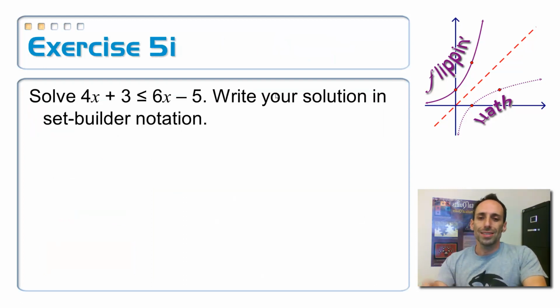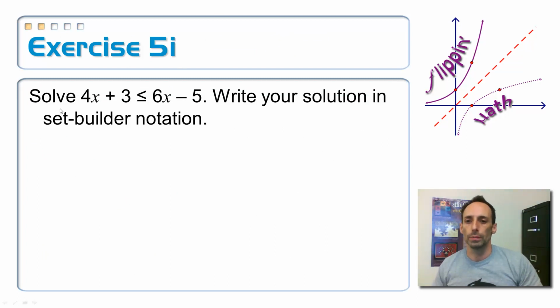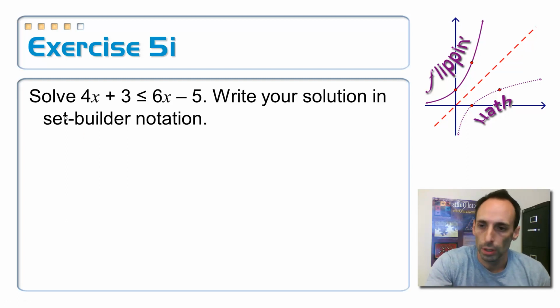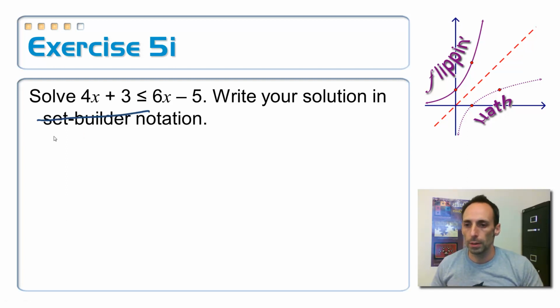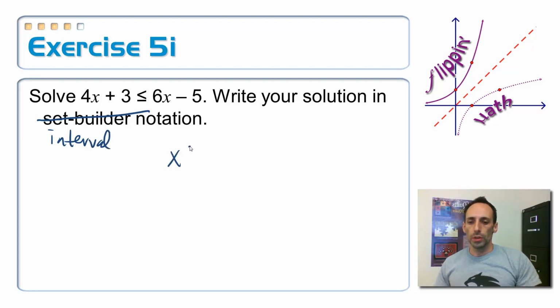So let's write that same solution now. Same problem as it was before. This time let's write it in interval notation. It says set builder, and that is a big fat typo, because we already did that. Interval notation. All right, so remember it was x is greater than or equal to 4. When I look at this, I think of a set, a small number and a big number.